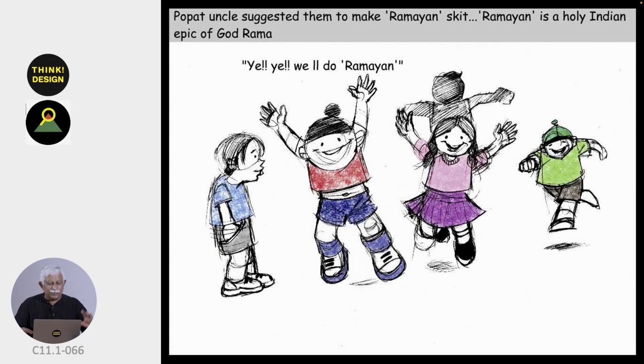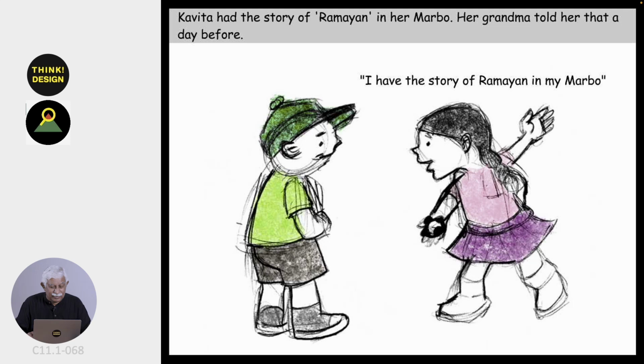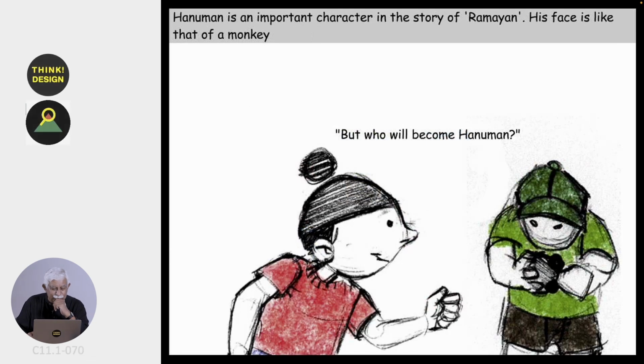So they said, okay, let's play Ramayana. But who's got the story of Ramayana? They had to rehearse themselves. Kavita had Ramayana in her Marbo, and they shared it with all the friends, and they realized that there has to be somebody who has to play Hanuman.